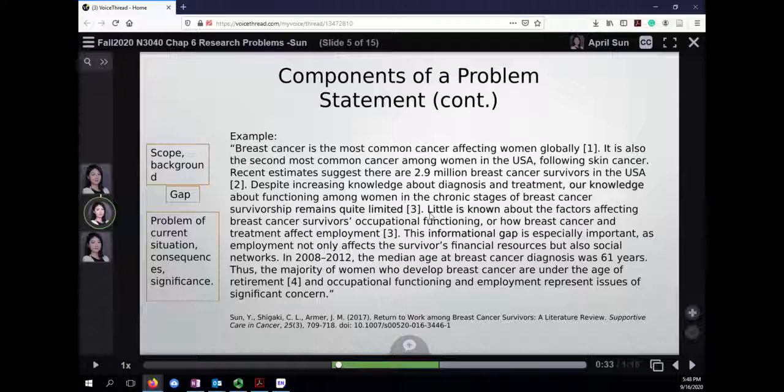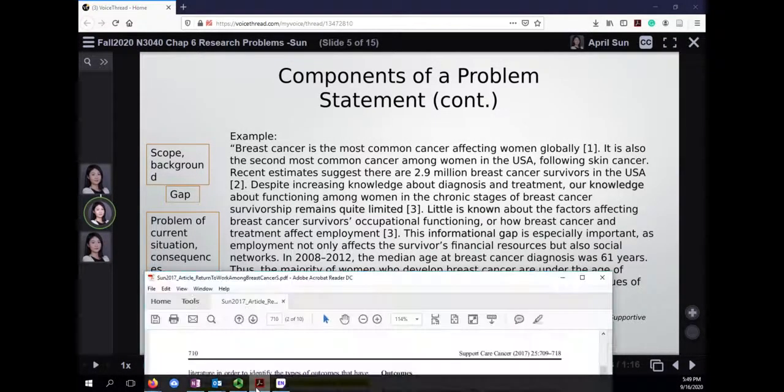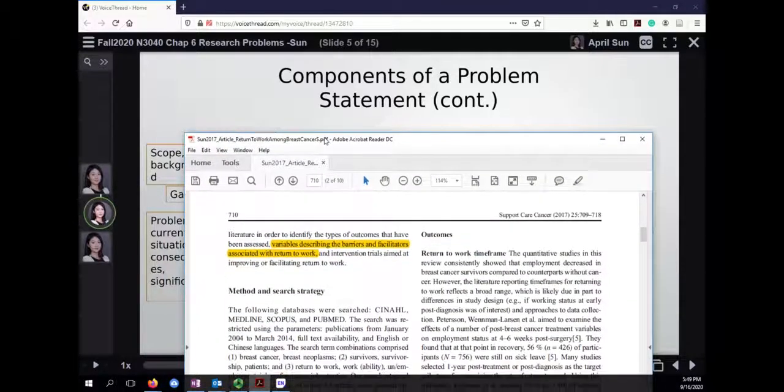For example, little is known about the factors affecting breast cancer survivors' occupational functioning. This is a gap in the problem statement. And in the purpose statement, I probably should attach my original publication.